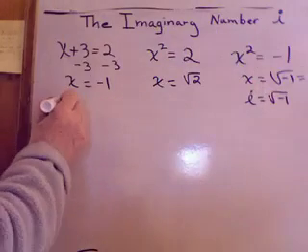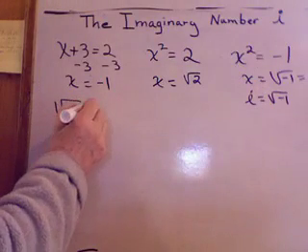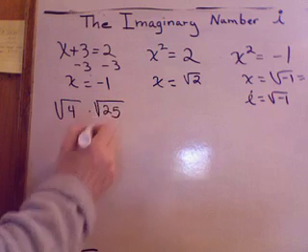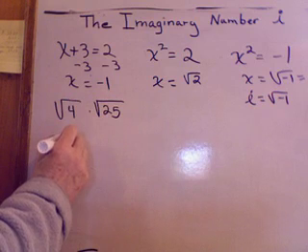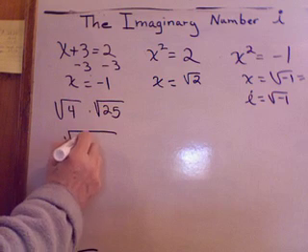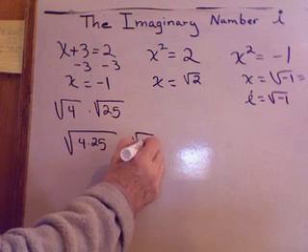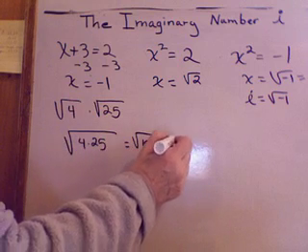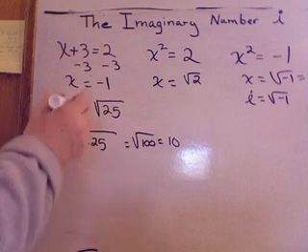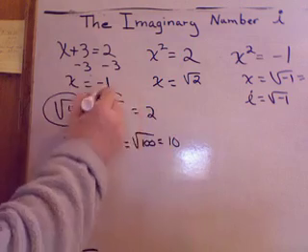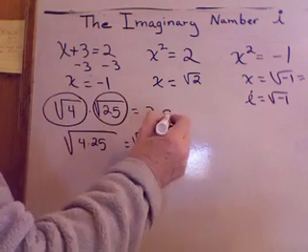For example, let's take square root of 4 times square root of 25. In the regular square root system, we could do 4 times 25 is 100. Square root of 100 is 10.